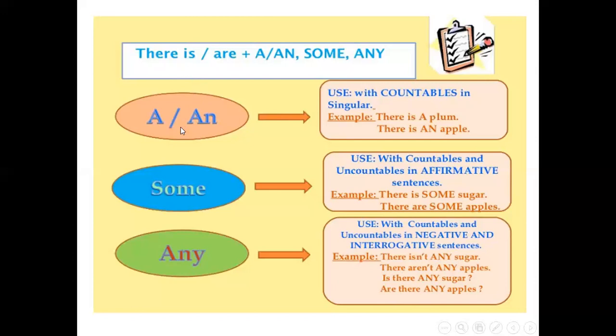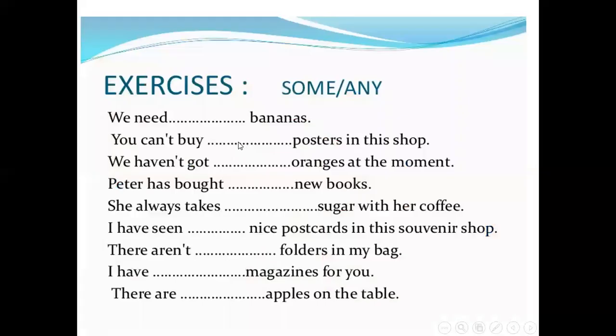This point is very important, so we come to the exercise. Please concentrate with me. Try to look at this sentence in order to answer it. Number one, we need some space bananas.